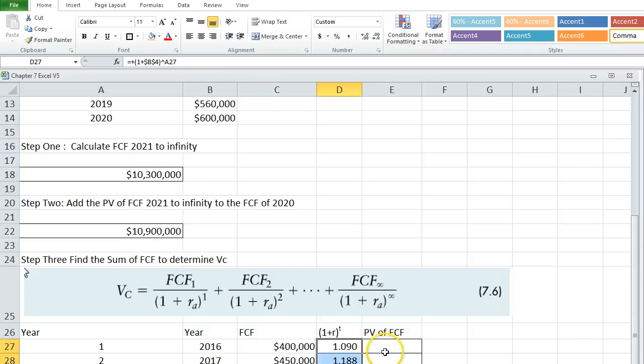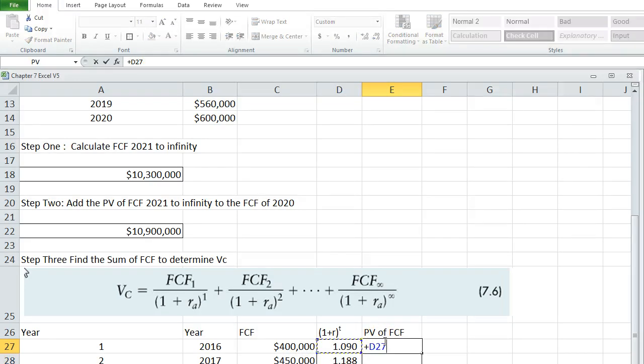Now to get the present value, I just have to multiply the free cash flow times the factor. Oh, that is divide. I have to divide. It should be smaller. There we go. Much better. So I divide. For each of these, I take our free cash flow and divide by our factor.